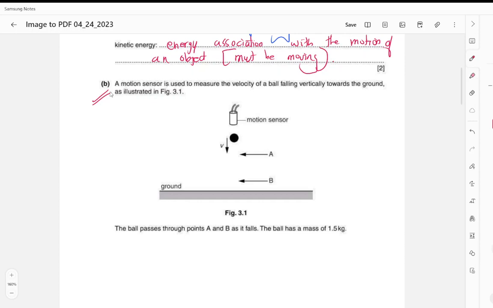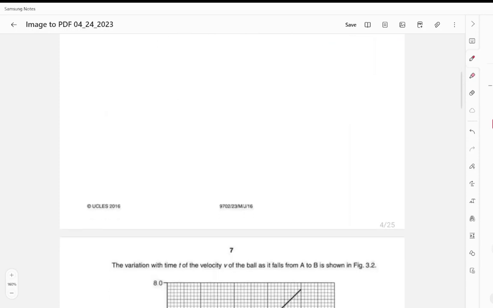A motion sensor is used to measure the velocity of a ball falling vertically towards the ground as illustrated in figure 3.1. The ball passes through points A and B as it falls. Obviously, this must be accelerating. The ball has a mass of 1.5 kg. Next step.